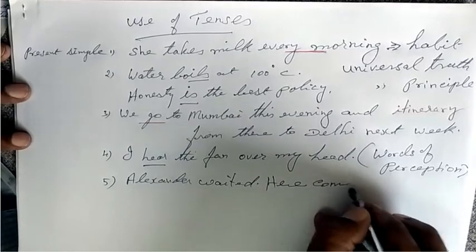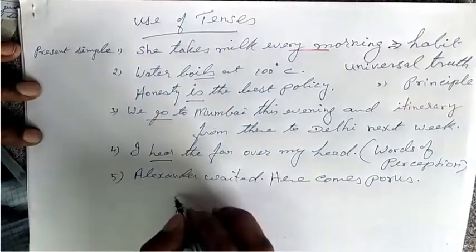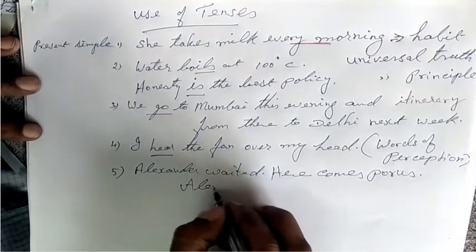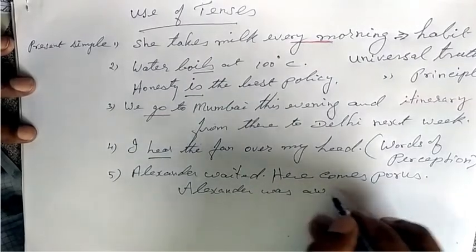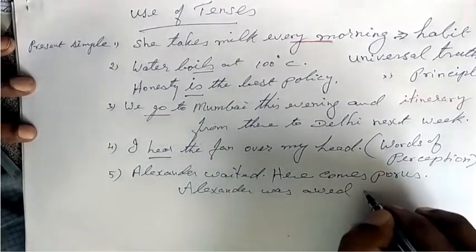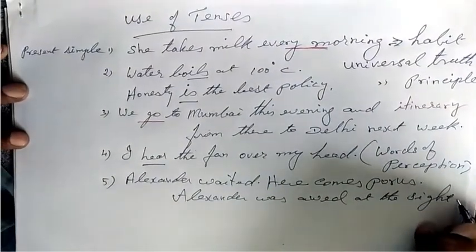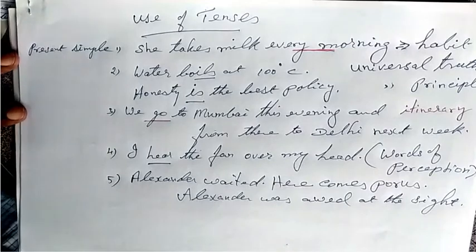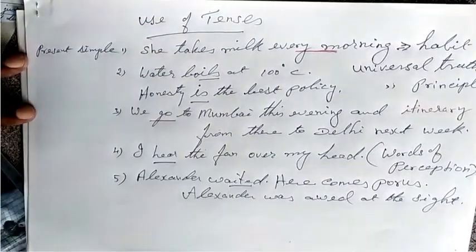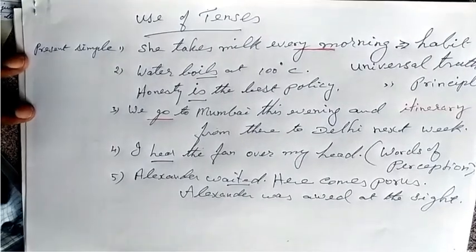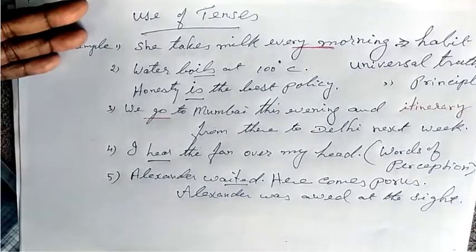Here comes Porus. Alexander was awed at the sight. Look at that. I said Alexander waited. He is waiting for Porus to be brought. Waited obviously is past tense. We are dealing with the present simple tense, remember?